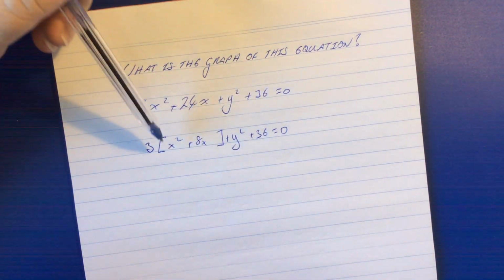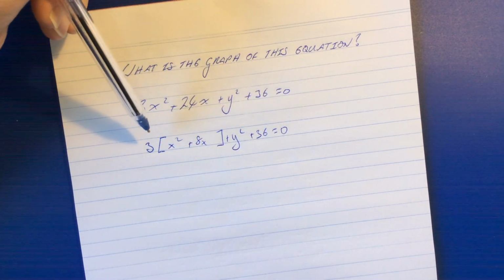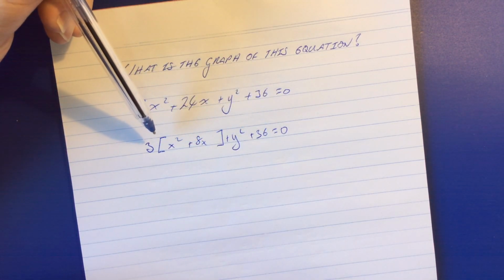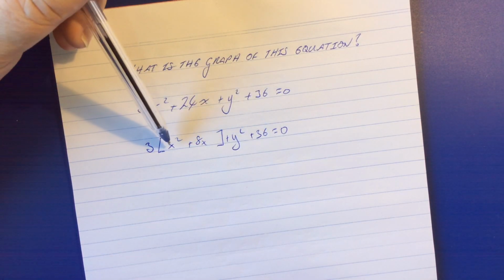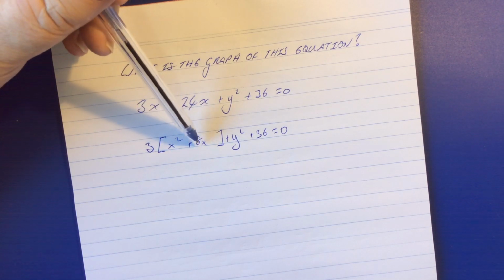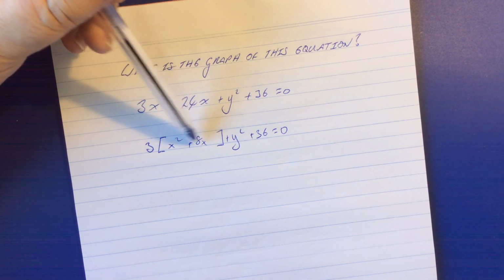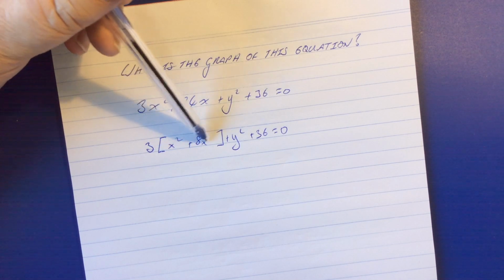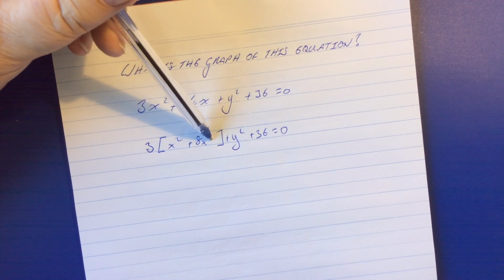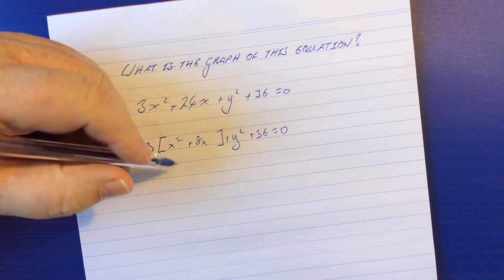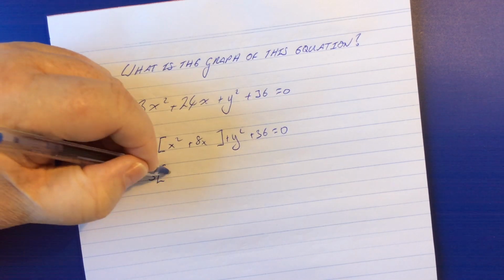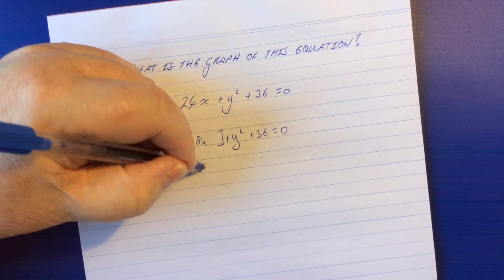Now, for the moment, I'm going to treat this as if it is the equation of a circular graph, and I'm going to do what I would normally do, which is complete the square for this part of the equation. So that gives me x squared plus 8x.